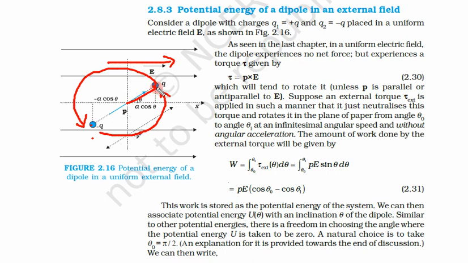The change in the positions of r1 and r2 is in the x direction, because in the y direction it is perpendicular to E and makes no difference. So the total difference in r1 and r2 is a cos theta and a cos theta, that is 2a cos theta.